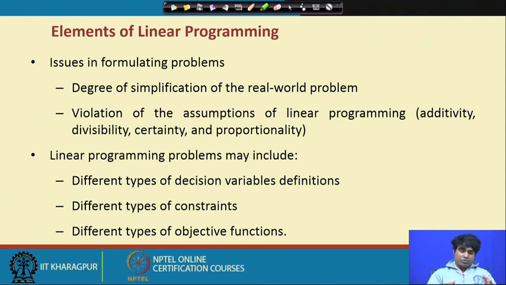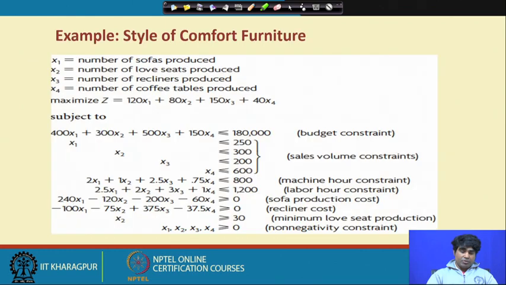a couple of examples corresponding to a complex scenario, where objective functions do not normally follow the typical less than type or greater than type constraints. In this case, the first problem will be like this.